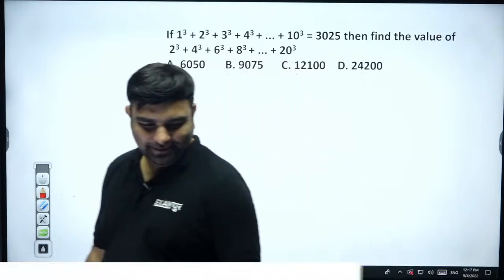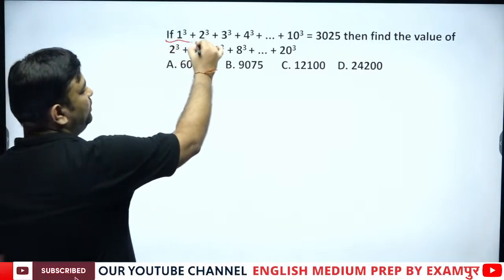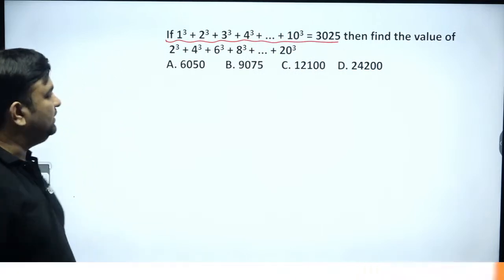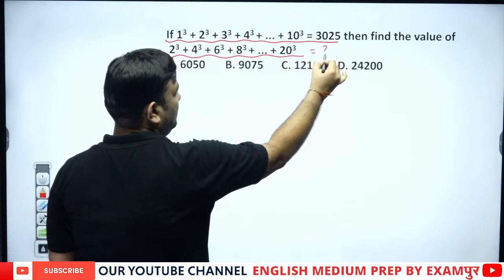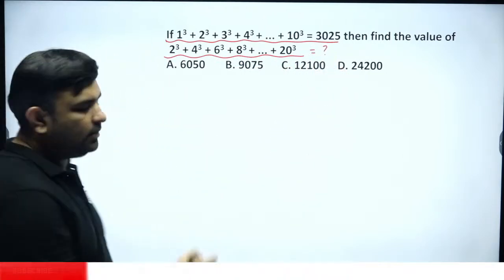So a cube plus b cube plus c cube plus up to 10 cube is given as 3025. They are asking what is 2 cube plus 4 cube plus and so on. An error happens over here.